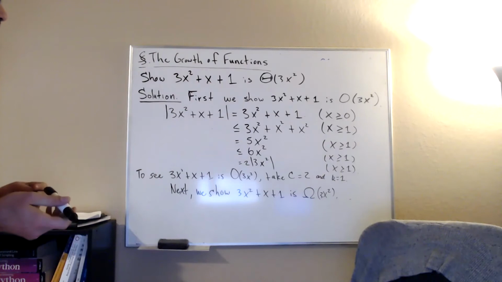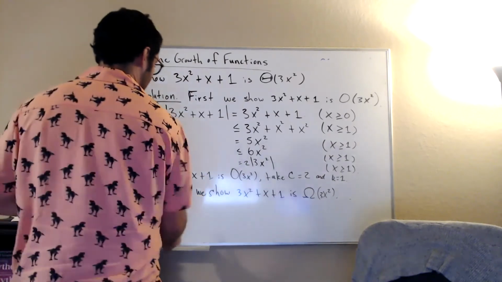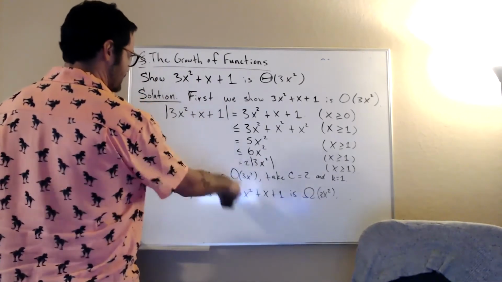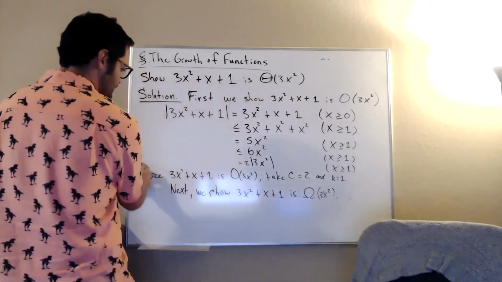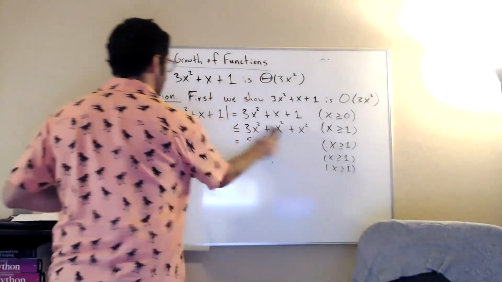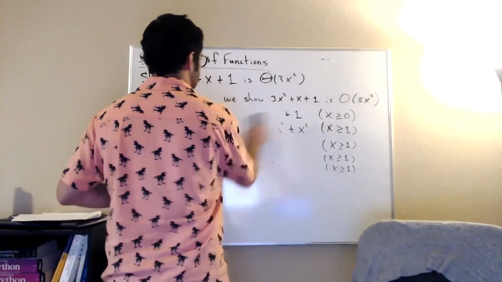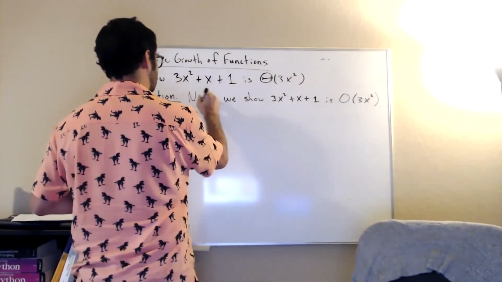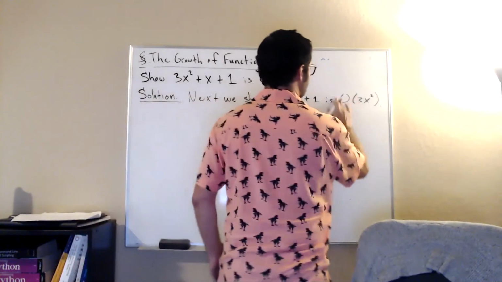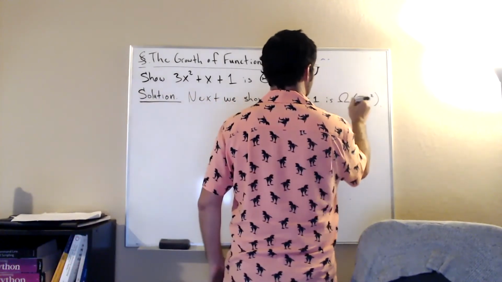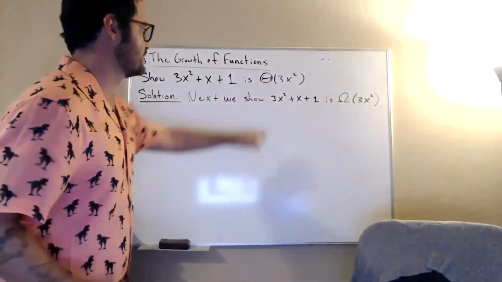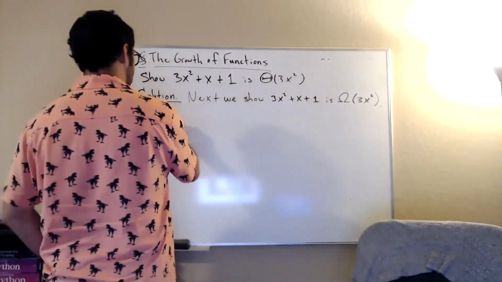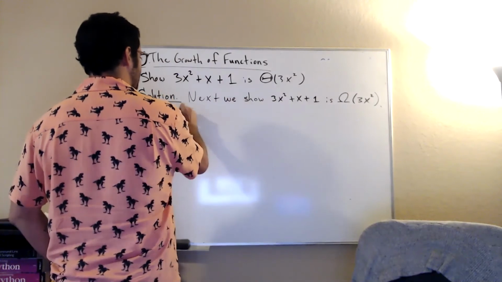It'll be big theta x squared. All right, I'm not going to have enough space here, so suppose this line was written right there. Now we have to show that we can bound this function from below. That is going to be really easy in this case because we can just drop those positive terms.